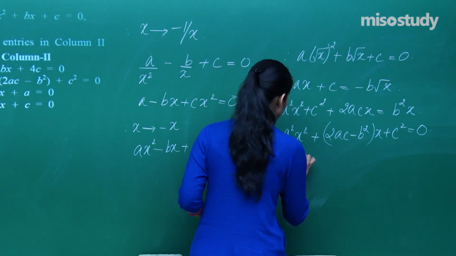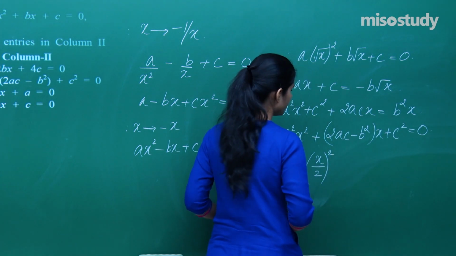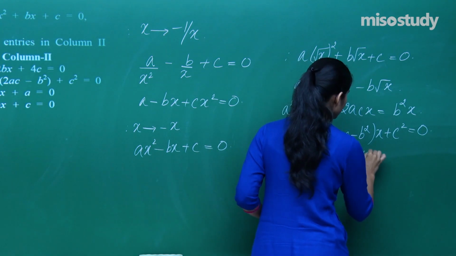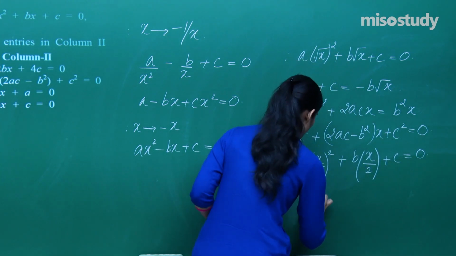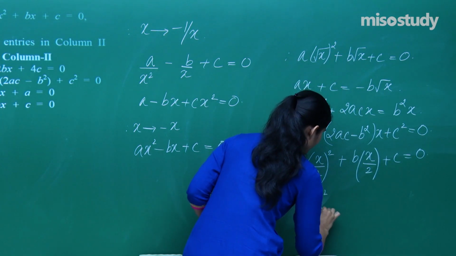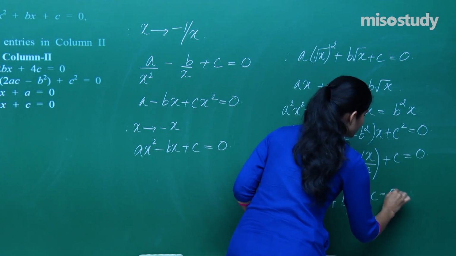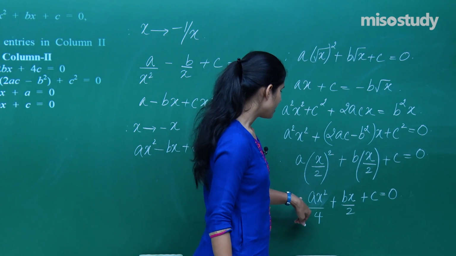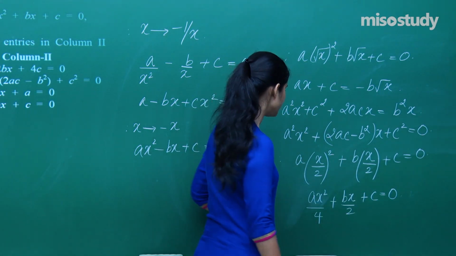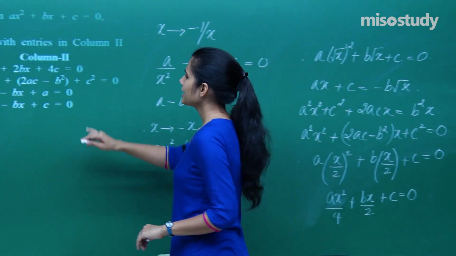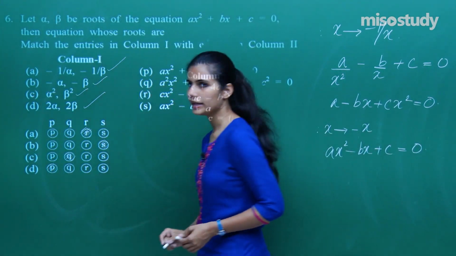When you do that, you get ax square plus bx plus c, so you get ax square by 4 plus bx by 2 plus c equals 0. So you get ax square plus 2bx plus 4c. Ax square plus 2bx plus 4c, that is p, so d gets matched to b.